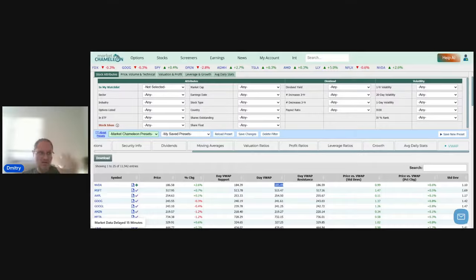When we think of VWAP, it's not only a metric to look at, but there are specific trading order types that track that VWAP. Institutions that have lots of shares they're trying to either buy or sell throughout the day will reference the VWAP price, and sometimes orders are placed to match the VWAP price.